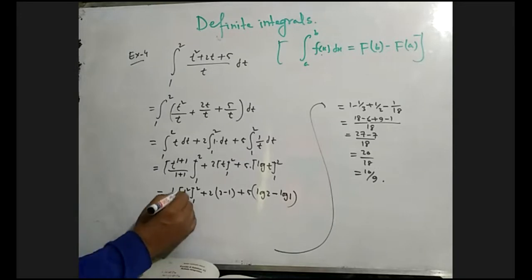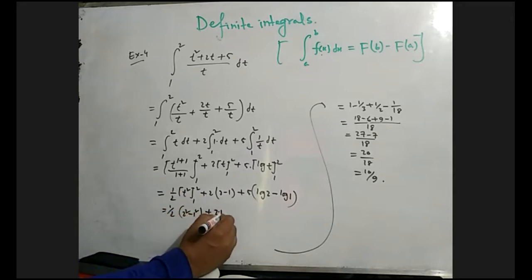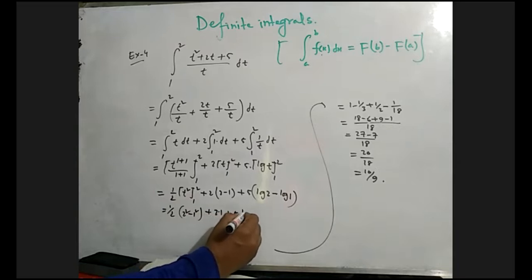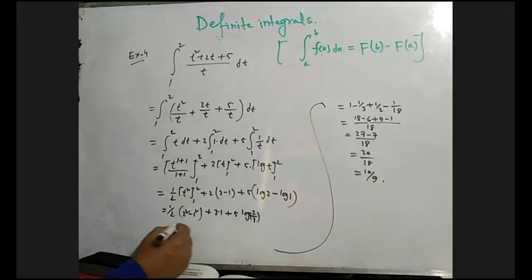So half, 2 square minus 1 square, upper limit square minus lower limit square, plus 2 into 1, plus log m minus log n, that means log of 2 divided by 1. So 4 minus 1 equals 3.